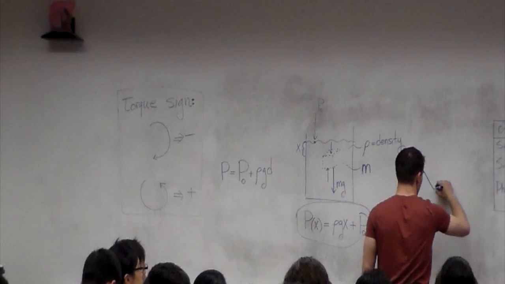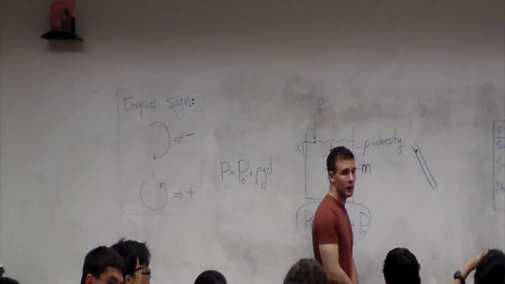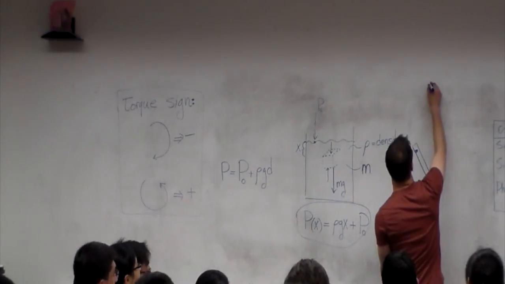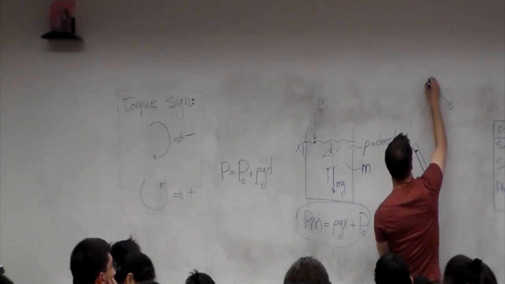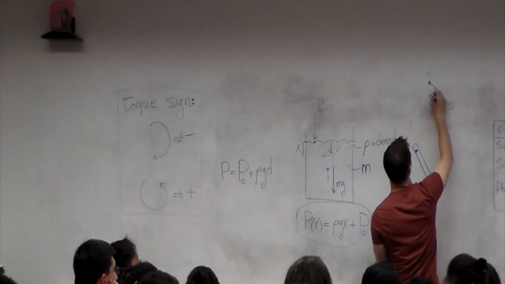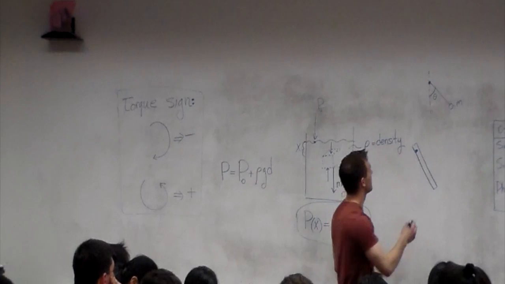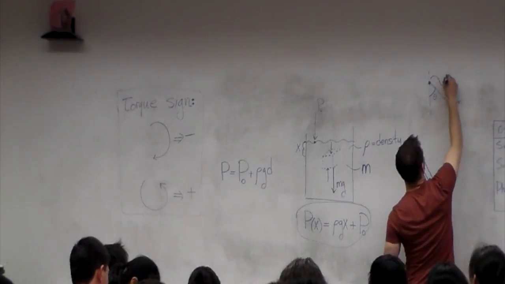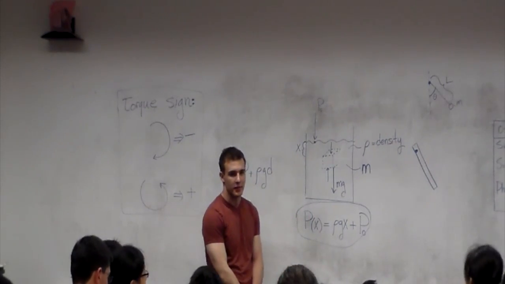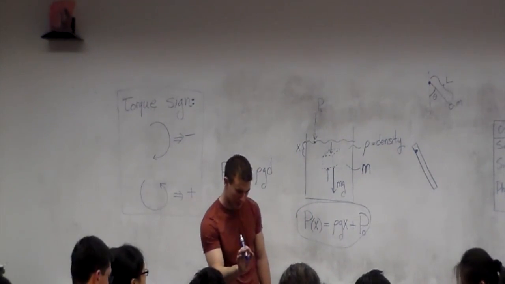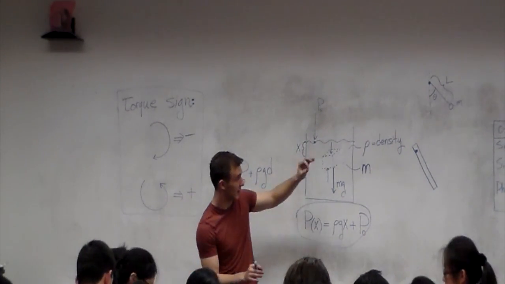What I just drew as a simple pendulum is just a single point mass at the end of a string, just a ball connected to a string. So it's a little pendulum bob attached, and L is the length.